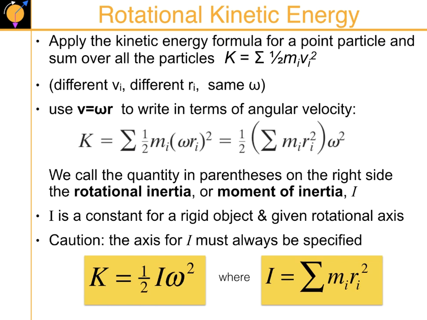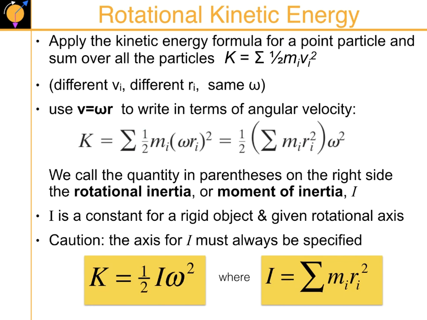The word inertia in there gives you a hint as to what it's about. One way to think about it is the effective mass of the object as it's rotating. Remember, for regular motion, mass is a measure of how difficult it is to get it going, right? The more mass something has, the more energy it takes to get it going.